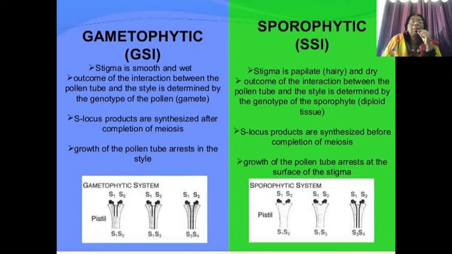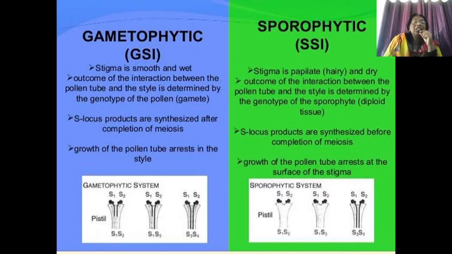In the gametophytic system, the S locus products are synthesized after completion of meiosis, while in the SSI system, S locus products are synthesized before completion of meiosis.